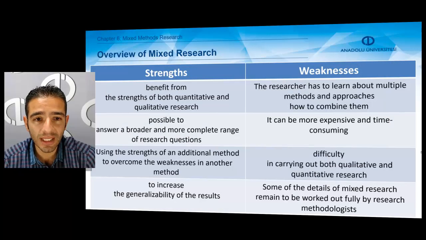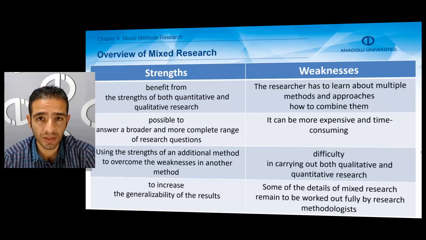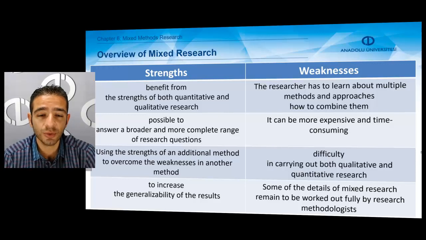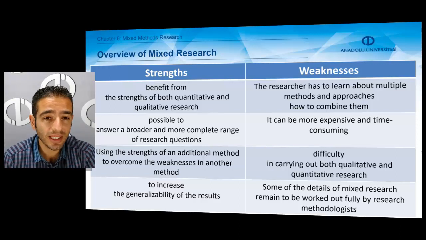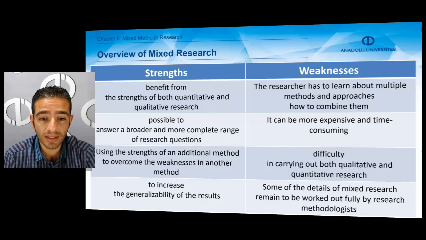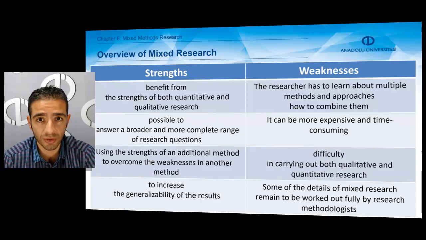When we have a look at mixed method research, as you remember, I mentioned that it's a pragmatic perspective, and this pragmatic perspective should have both strengths and weaknesses. When you look at the strengths, we can see that we benefit from the strengths of both quantitative and qualitative research.